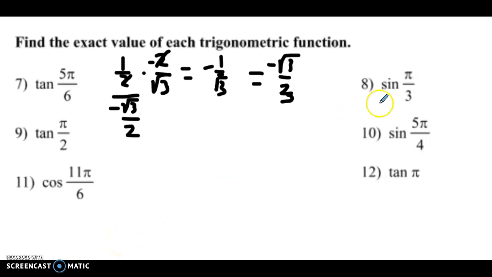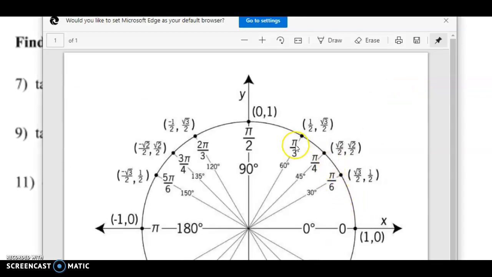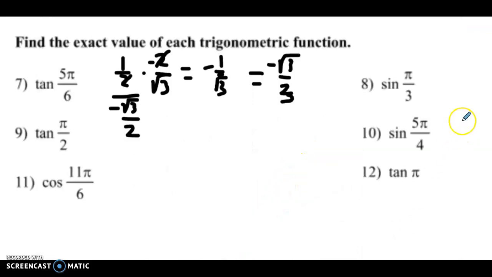Okay, let's do another one. So let's look at the sine of pi over 3. So I'm going to refer back to my unit circle. Sine of pi over 3. Pi over 3 is right there. And the sine is the y value.